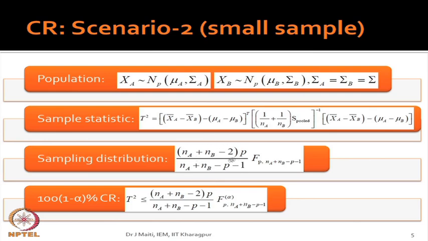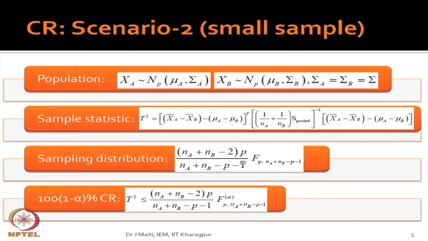N A plus N B minus 2 into p divided by N A plus N B minus p minus 1, that you have to remember. Otherwise, if you want to derive it, it is very difficult, you will forget that, and I will stop reading this multivariate statistics.